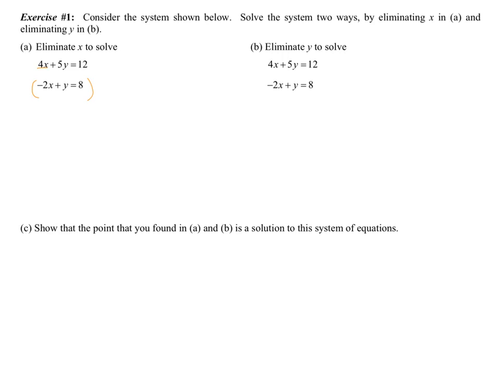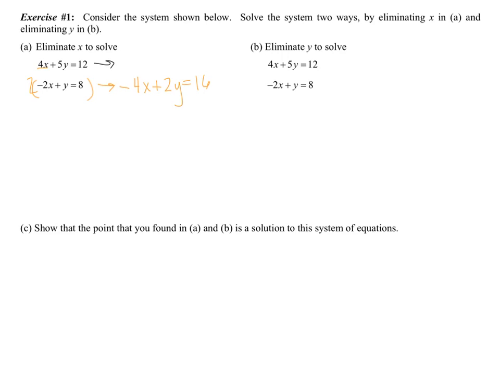So 4, I want to make the bottom one -4. That means I have to multiply the bottom one by 2. So it becomes -4x plus 2y equals 16, because remember, anytime that you multiply 1 in that equation, you have to multiply all 3.